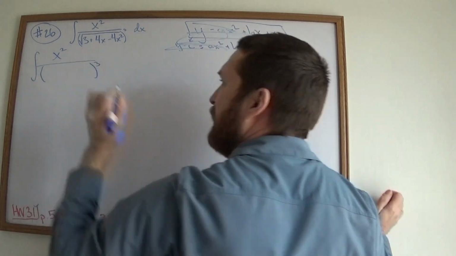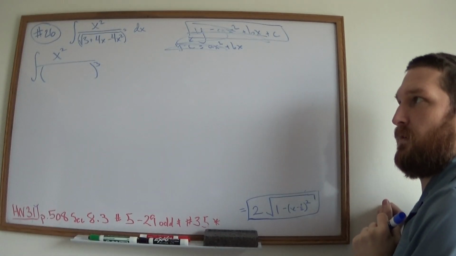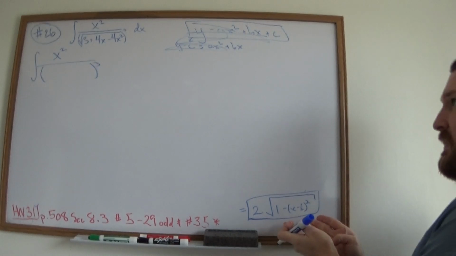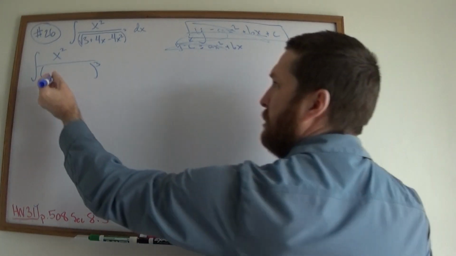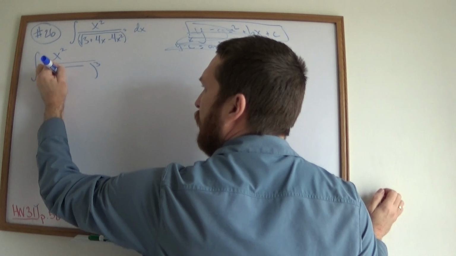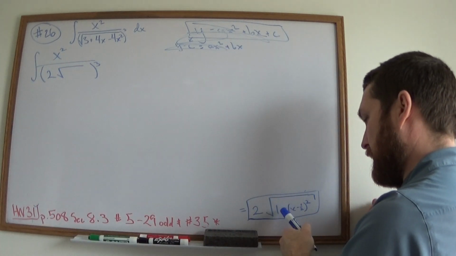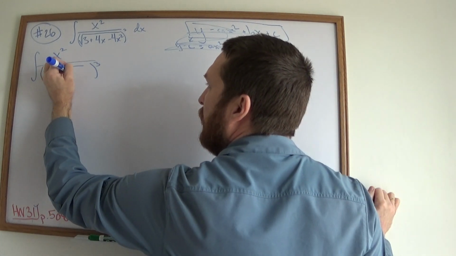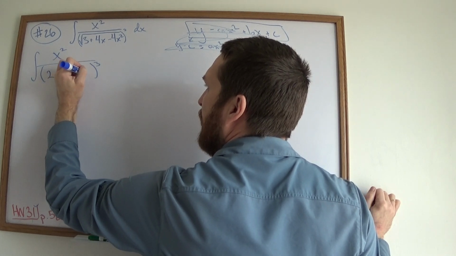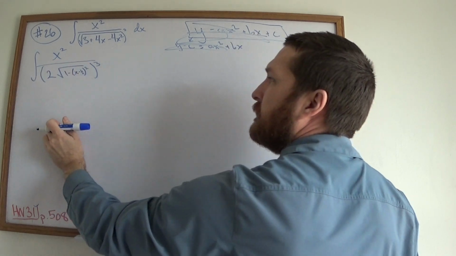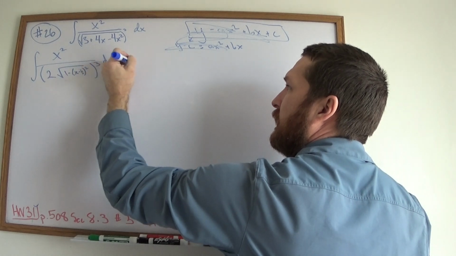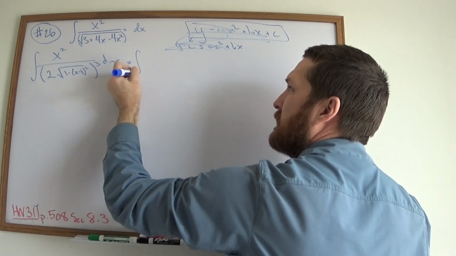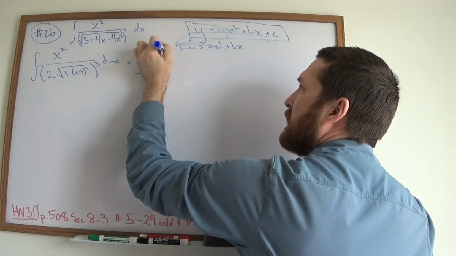Okay, so I'm going to do that right there first. Then I'm going to replace that root with this right here. 2 root 1 minus that stuff. 1 minus x minus a half quantity squared dx, which is the same thing as x squared.